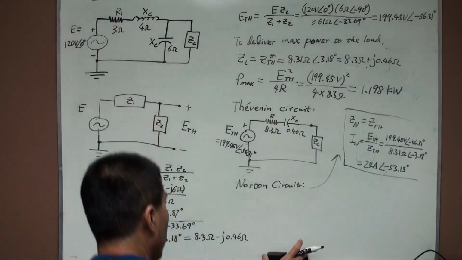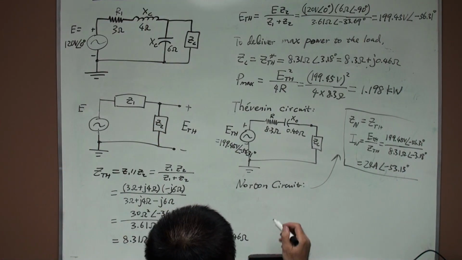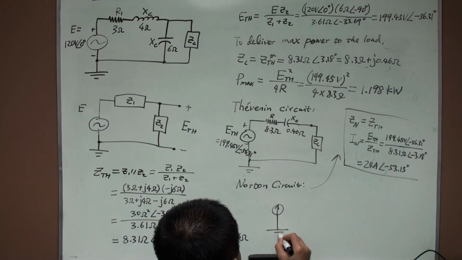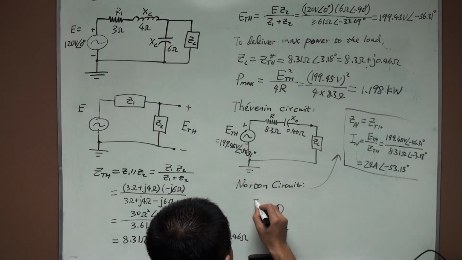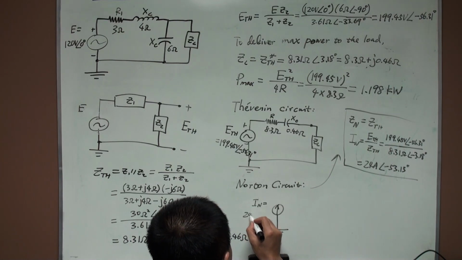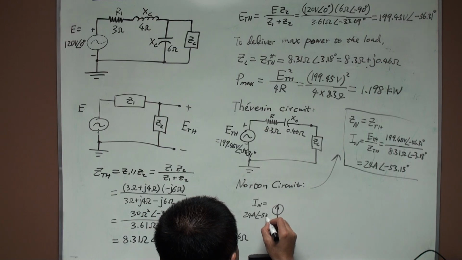For this Norton circuit, it will look like this. IN will be equal to 24 A with negative 53.13 degrees.